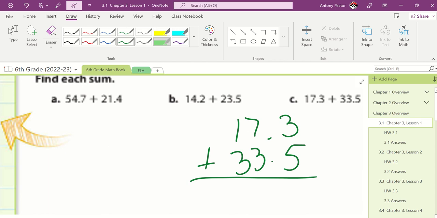So decimals are lined up, and we're going to go from right to left. 3 plus 5 will make 8. Bring down the decimal. 7 and 3 will make 10. Carry the 1. And then 1 and 1 together will be 2, plus a 3 will make 5. So the answer to this one will be 50.8.